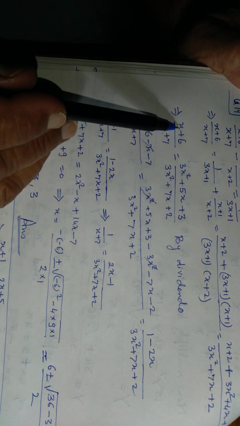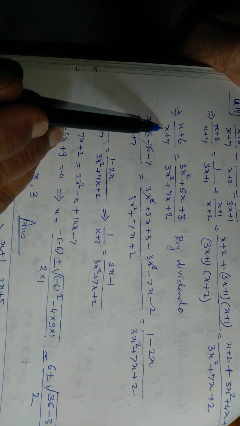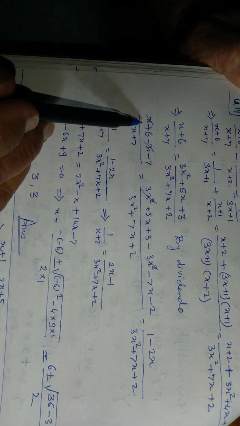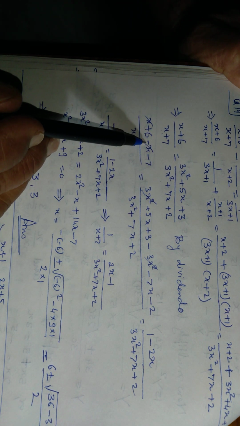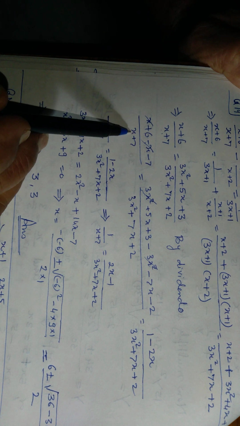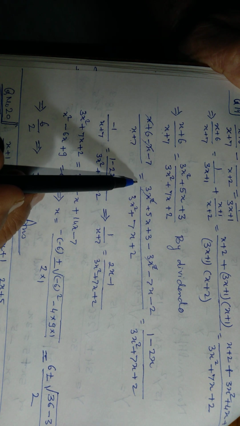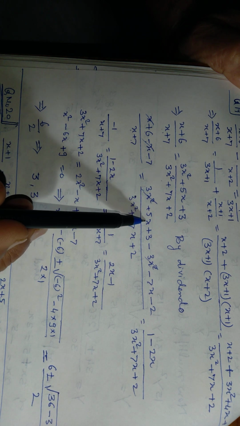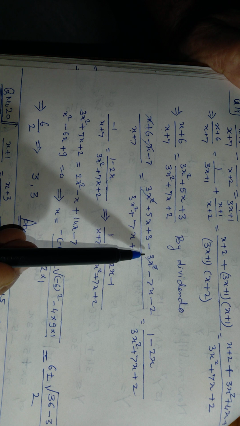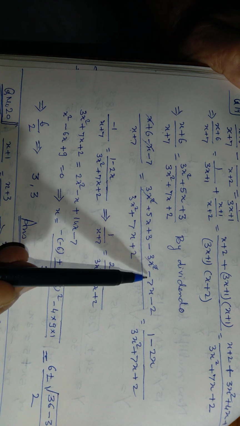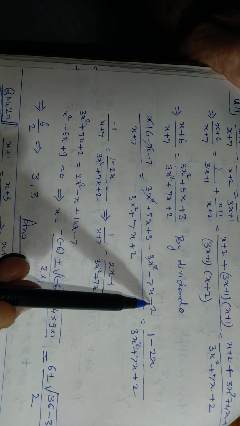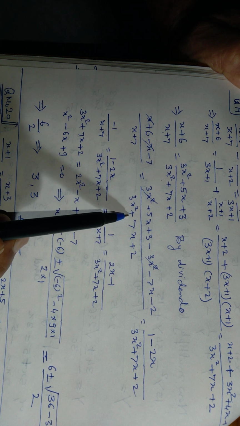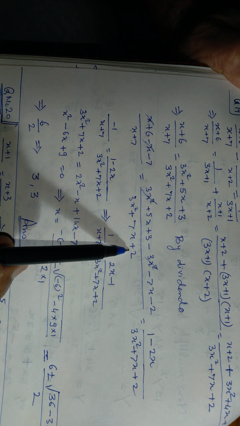Now here you see, this is A, this is B, this is C, this is D. So with the help of dividendo, I have written x plus 6 minus x minus 7 upon x plus 7. That will be equal to, again, 3x square plus 5x plus 3 minus 3x square minus 7x minus 2, whole divided by 3x square plus 7x plus 2.